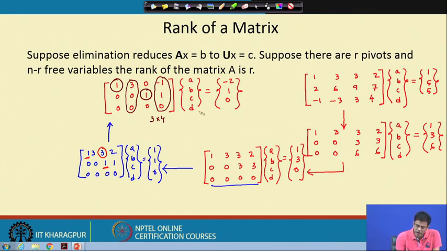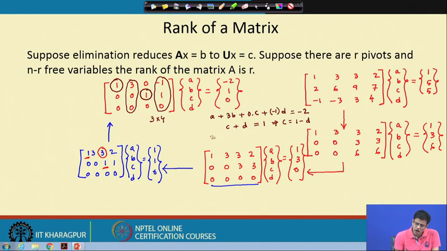If I write it in equation form, that is A plus 3B plus 0 into C plus minus 1 into D equals to minus 2. And the second equation will be C plus D equals to 1. So from here I can write C is actually 1 minus D, right.